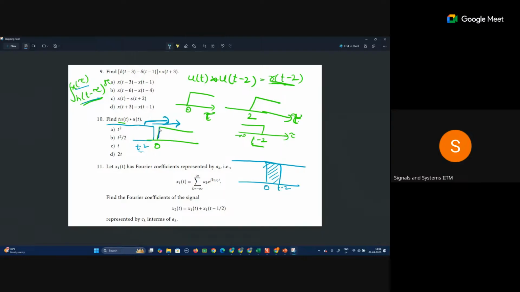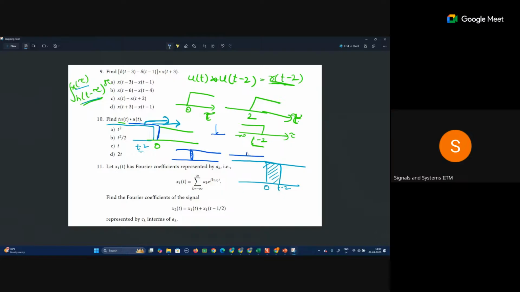But from here onwards, let's suppose this graph shifted to here. From here onwards, it will be starting from 0, right? And then slowly, in the next instant, we'll consider this. So area is growing now.